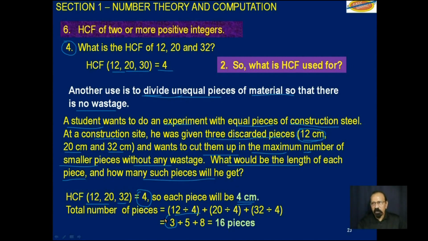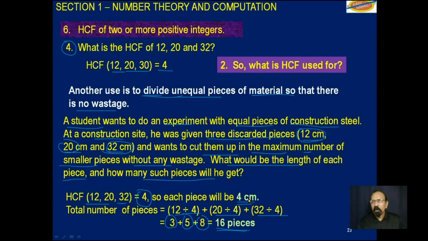You get 3 pieces. And then 20 divided by 4. That's this one. 5 pieces. And then 32 divided by 4. That's this 32 piece. No wastage. You get 8 pieces. You add all of that up and you get 16 pieces of 4 centimeter length of steel.